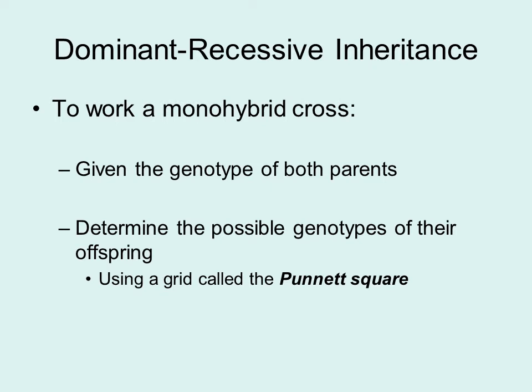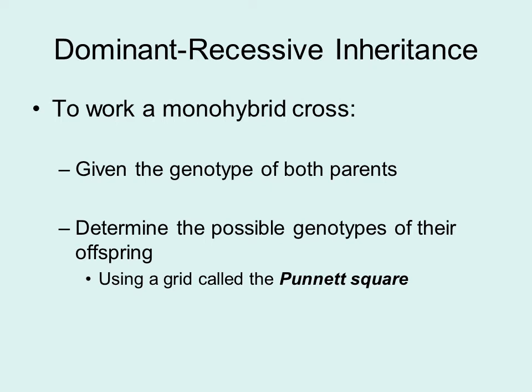To figure out what a monohybrid cross is, basically what you're going to do is look at one trait. You are given the genotype for both parents, so you're given the information as far as for each parent, are they homozygous, are they heterozygous, and you're going to set up a Punnett square.